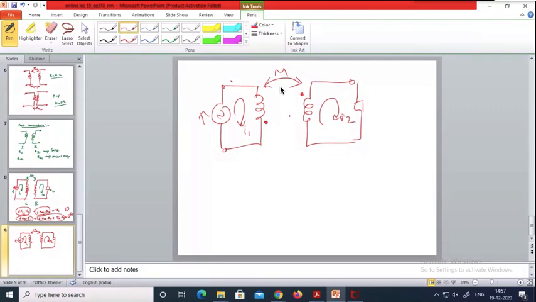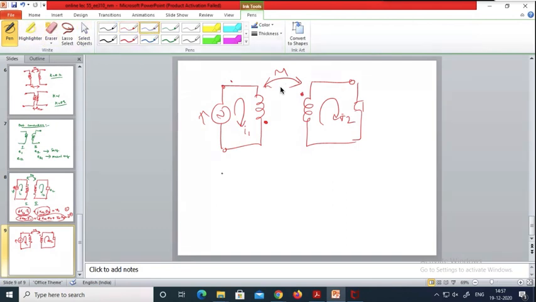In both the cases, I1 is leaving the dot, and again I2 is also leaving this dotted terminal. So here also, the self-inductance and the mutual inductance will have the same polarity.